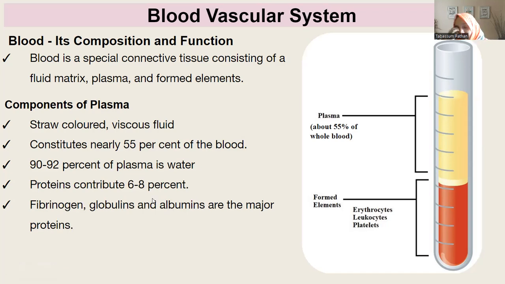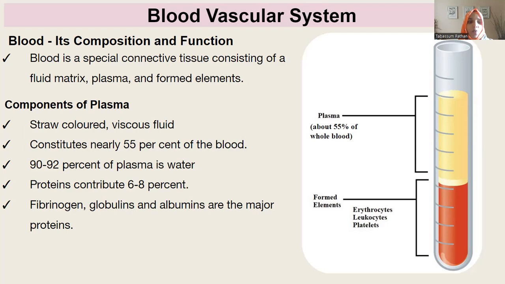Some of the words you are aware of, some you will become aware of as we move forward. Fibrinogen is required in the clotting mechanism. Globulins are mostly immunoglobulins, that is antibodies. Then there are certain protein molecules required for various metabolic activities. So these are the major part of the plasma.